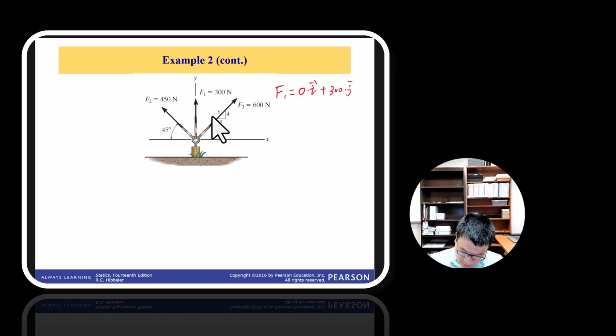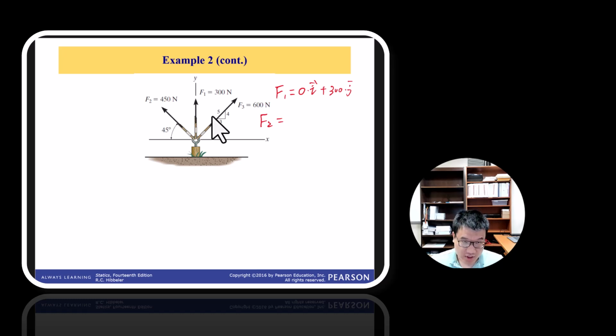So F2, we know the angle between the F2 force and the x-axis is 45 degrees. What's F2's component in the x direction? Its magnitude should be F2 times cosine 45 degrees.